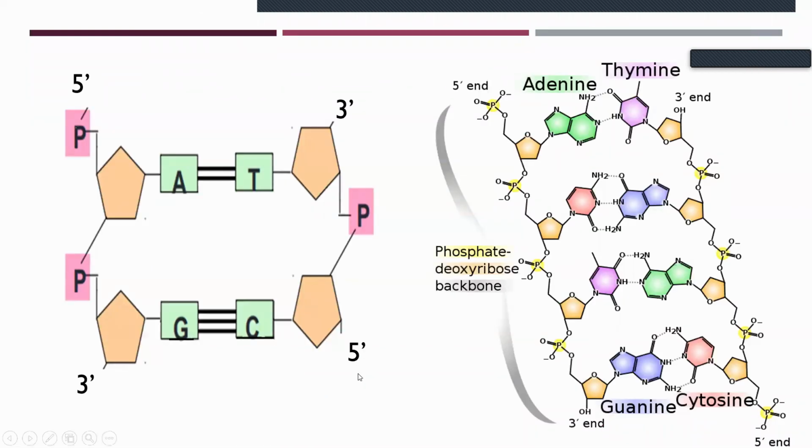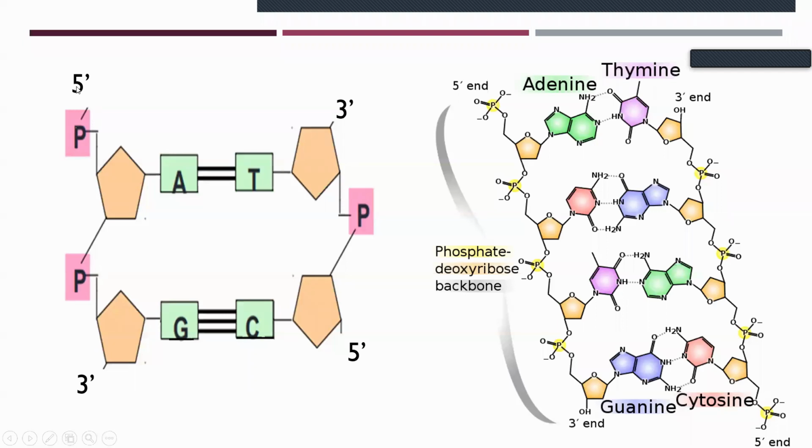Right. Now in this picture, I want you to notice, just look here on the left side, the 5 carbon is up, the 3 carbon is down. If you look at this other chain, the 3 carbon is up, the 5 carbon is down. So we call it the direction.